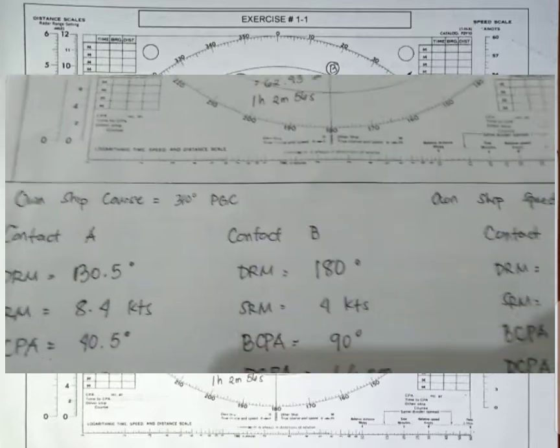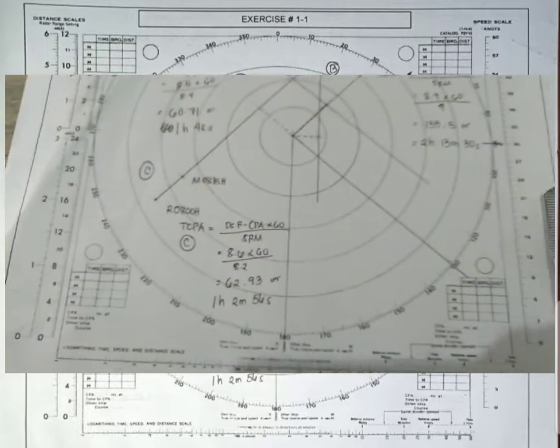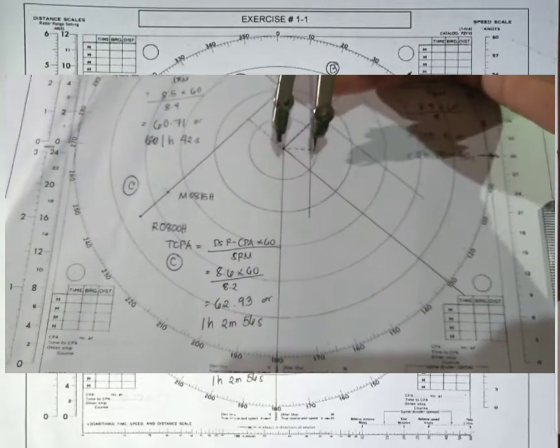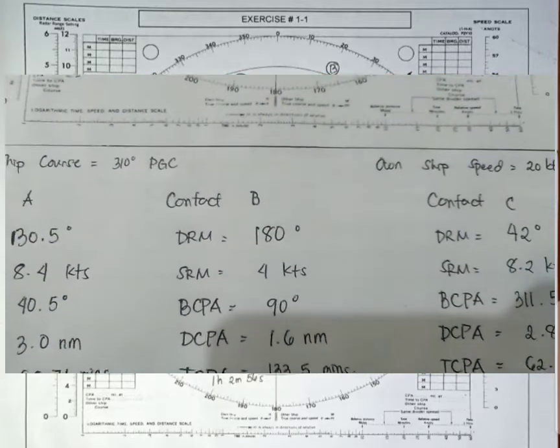So for the bearing CPA, 90 degrees, and for the distance, we have measured that with our compass divider and then transferred it to our scaling, that is 1.6 nautical miles.